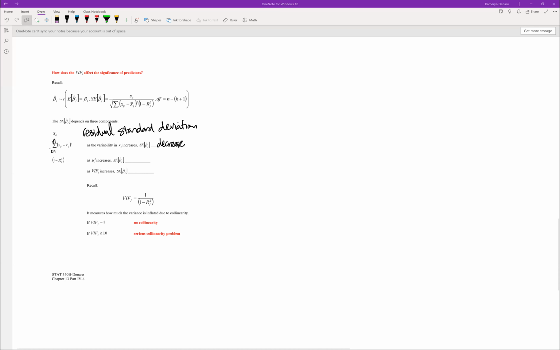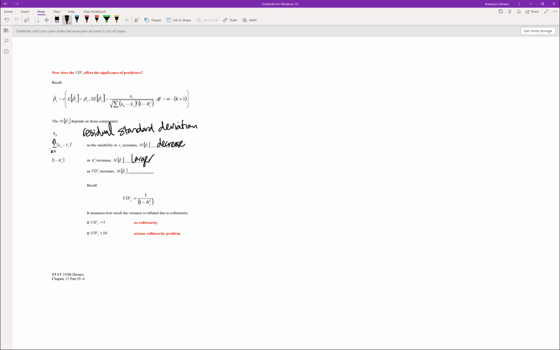However, as r squared j increases, that's going to be getting closer and closer to 1. So the difference 1 minus r squared j is going to be getting smaller and smaller as r squared j is increasing. And if the denominator is getting smaller and smaller, then that whole piece is going to get larger.